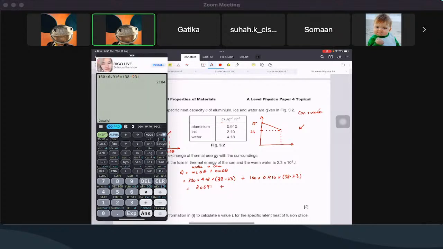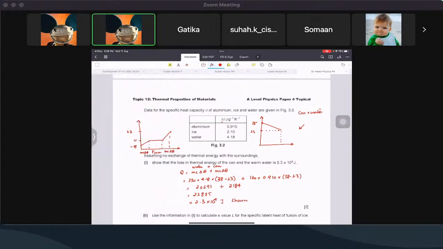Make sure you put the brackets. So if you add them together, plus 20691, they come out to be 22875, which is approximately equal to 2.3 times 10 raised to 4 joules. Shown. Is it clear, everyone? Yes, sir. Okay, so this was simple.